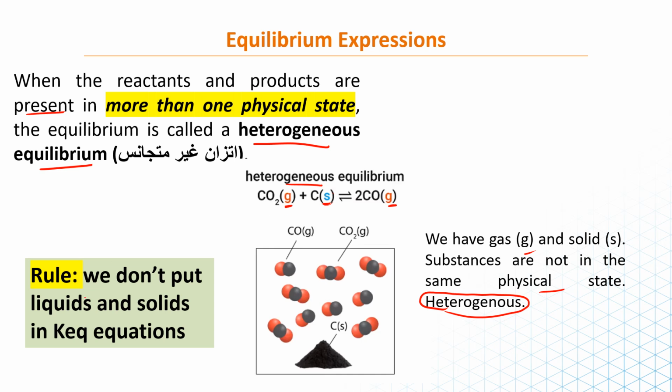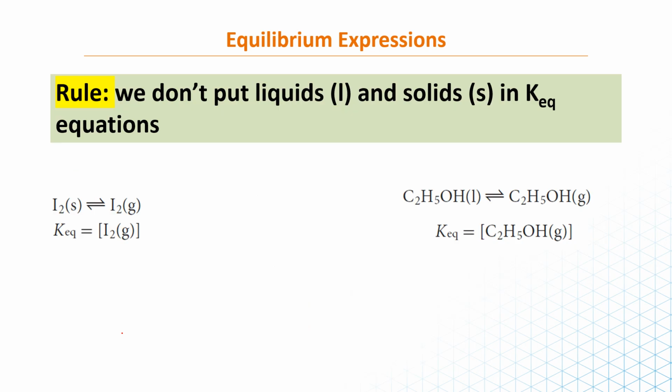Now, very important rule, and we'll see it later, inshallah. We don't put liquids and solids in the K equilibrium equations. So, what does that mean? Look at this reaction, guys.